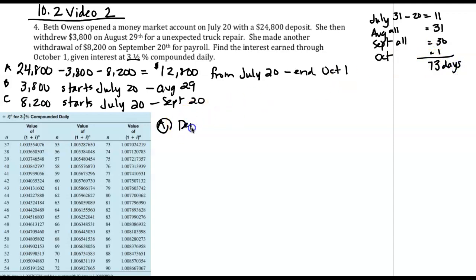So we're going to deposit $12,800, that is in the whole time for Part A, for a total of 73 days. Okay. So we're going to take our $12,800 and multiply by the table number for 73 days, which is right here.